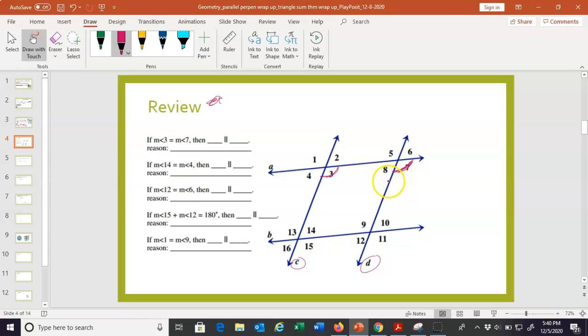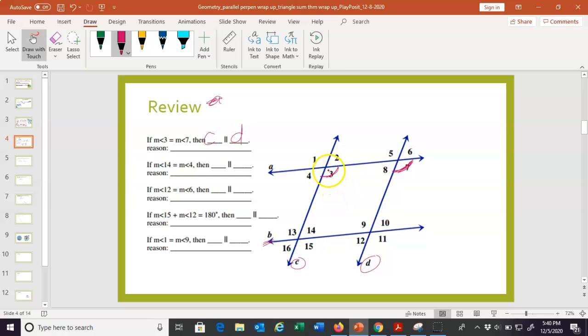So if those two angles are equal, then we know lines C and D are parallel. And I chose C and D again because those angles live on those lines. We have nothing to do with B here, nothing. So the reason would be what kind of angles are those? Those are corresponding angles.